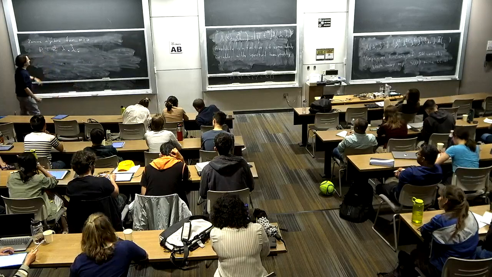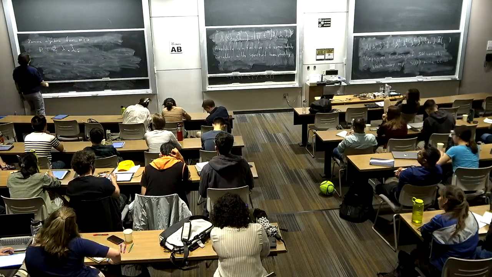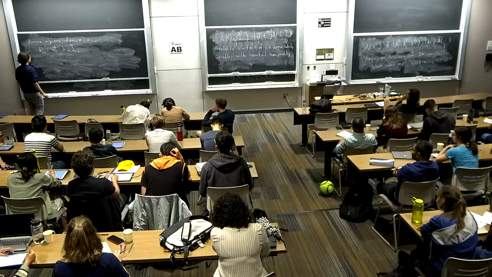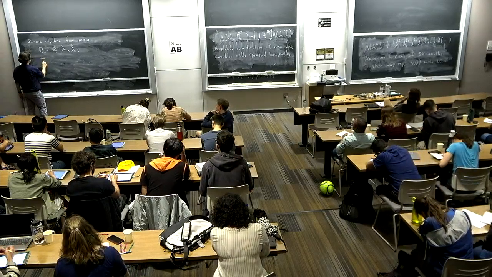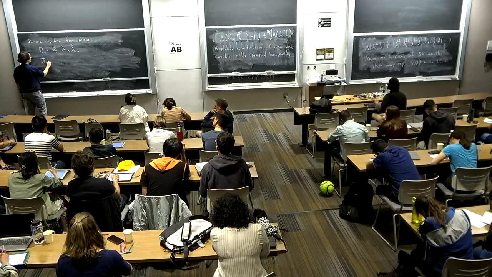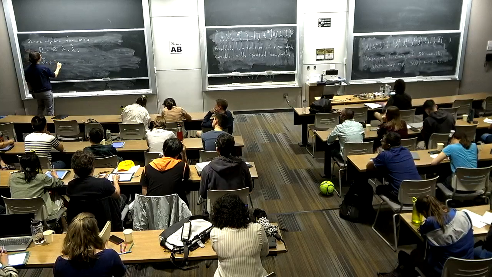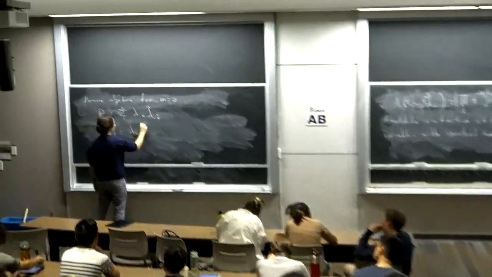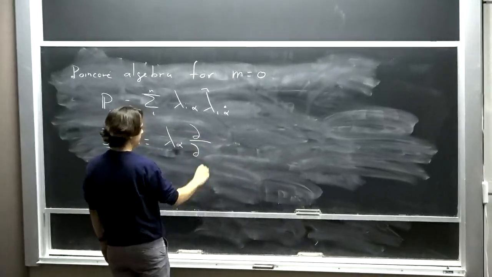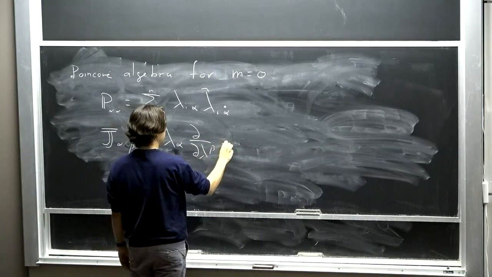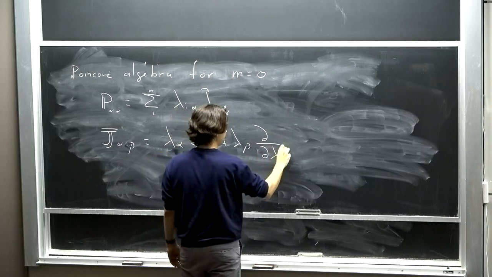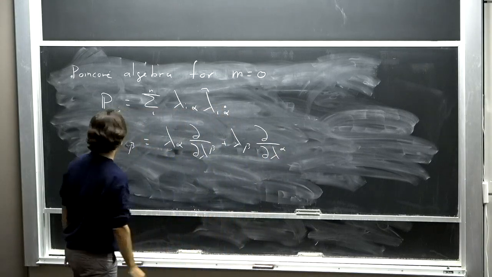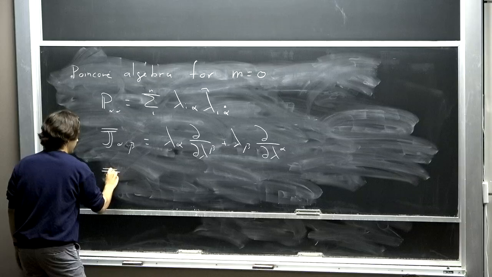Okay, so the momentum generator. What about the angular momentum? So we're going to have J_alpha beta, which is going to be lambda_alpha d/d lambda_beta, and similarly for the tilde.